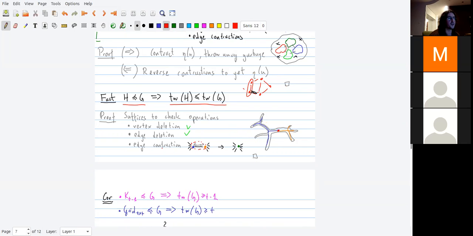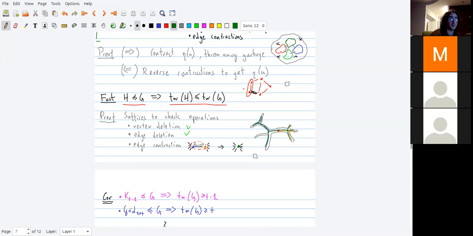So now, after the contraction, I make a new decomposition of my graph. I keep all the subtrees the same, apart from the subtrees corresponding to the blue vertex and the orange vertex, which are now contracted to a green vertex. For the green vertex I use a subtree that is the union of the previous blue subtree and the previous orange subtree.